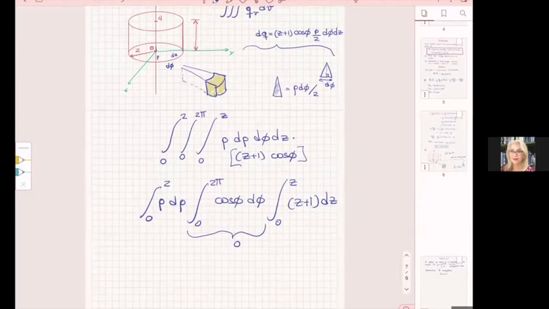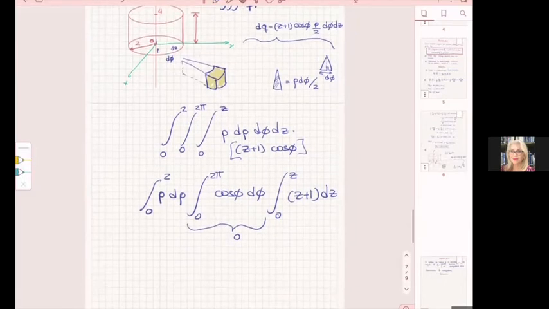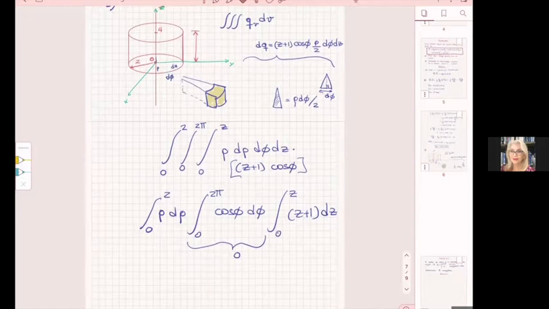It's correct that it's 0 because the charge changes its polarity as you go around phi. So from 0 to pi over 2 it is going to be positive, and then from 3 pi over 2 as well. Assuming this is the base, this is where it's 0, pi, and this is 2 pi.